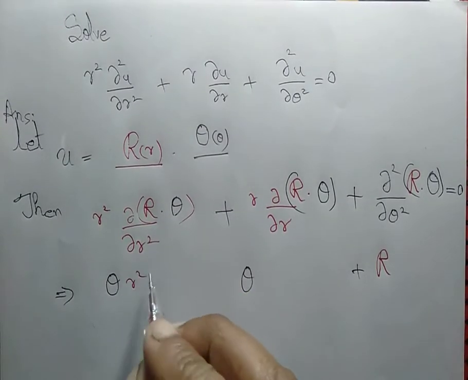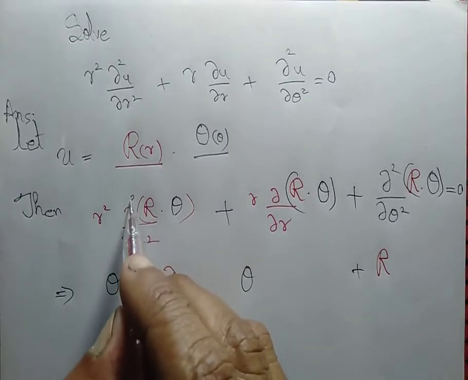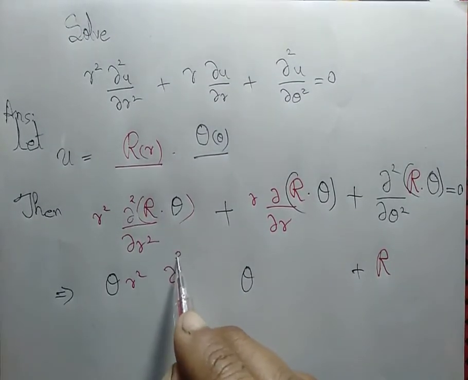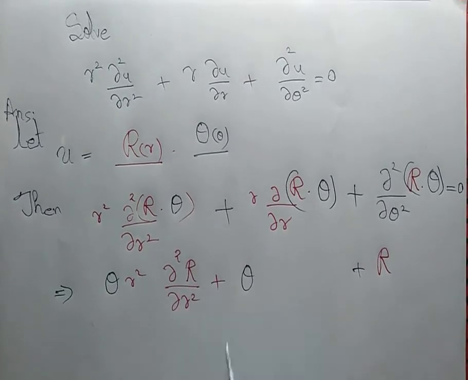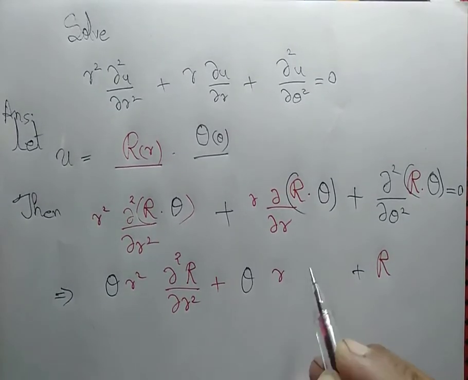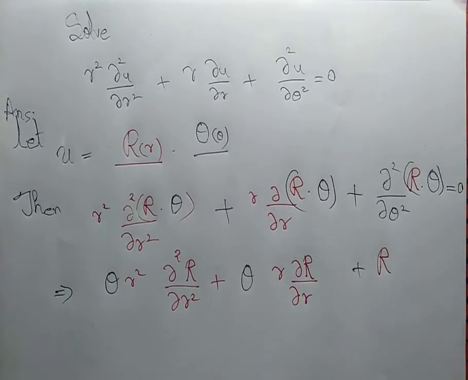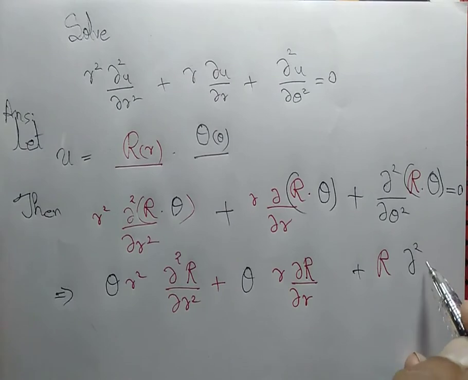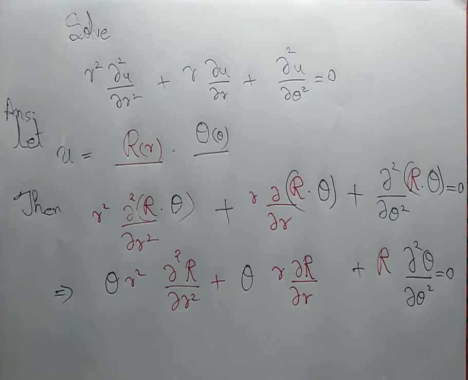Well, r square, we have taken out theta, so I forgot del 2 here. That is double partial derivative of r with respect to r. Then you have already taken out theta, and so you are just left with r del r del r plus r double partial derivative of theta with respect to theta equal to 0.